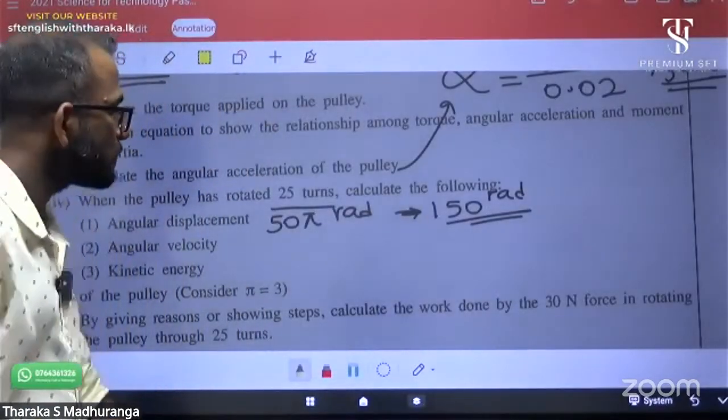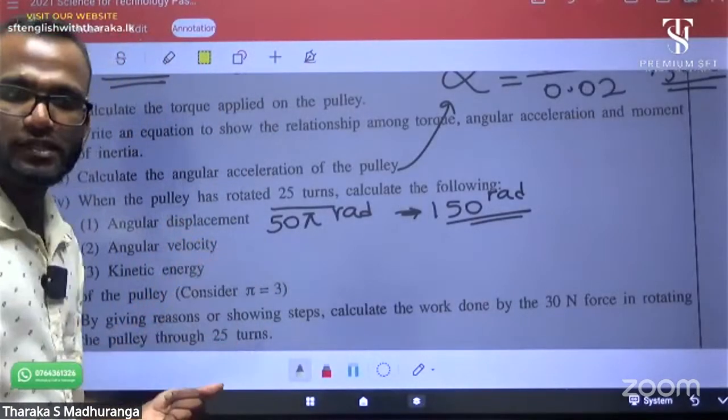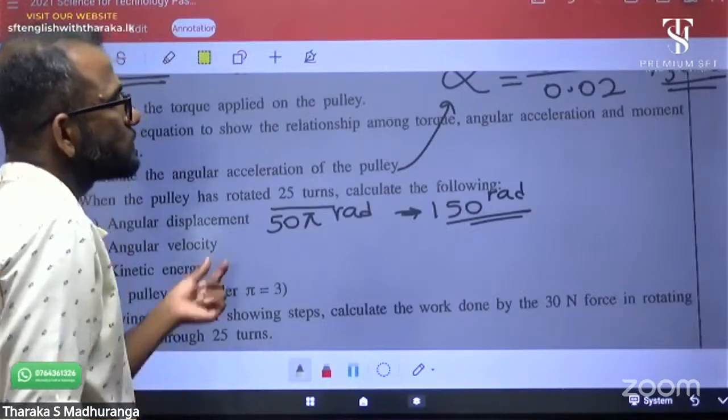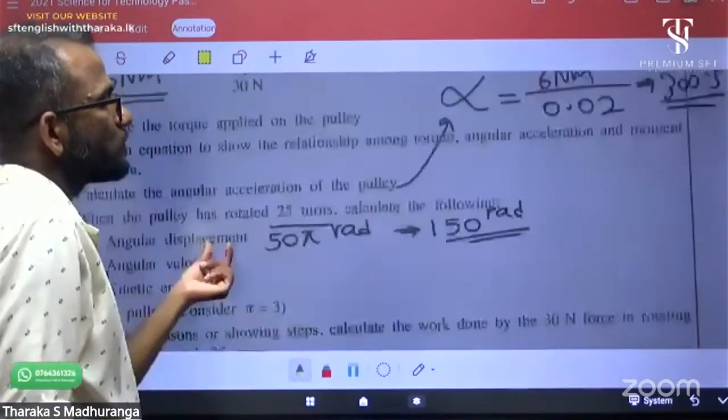Simple things, right? Now the angular velocity, how to calculate angular velocity?